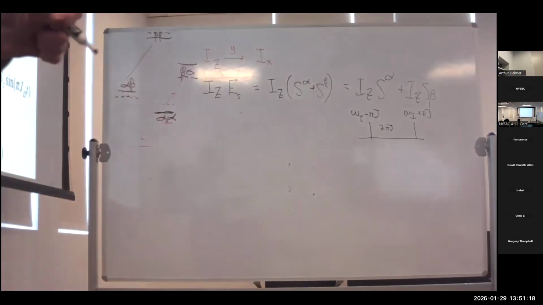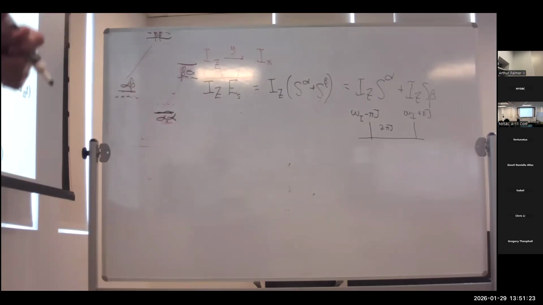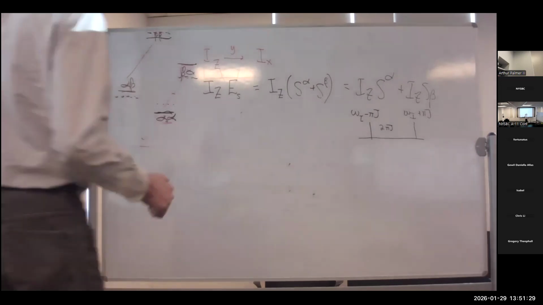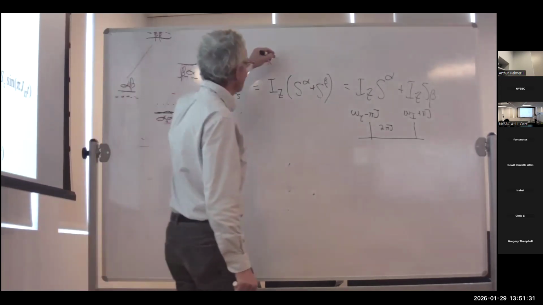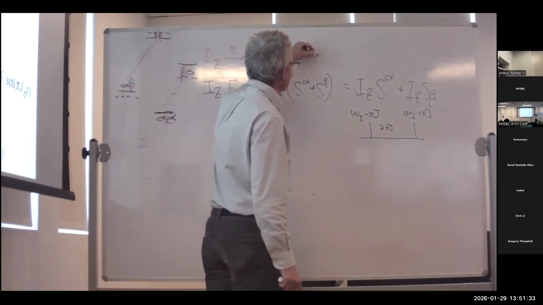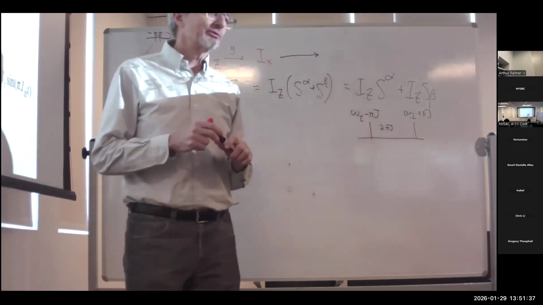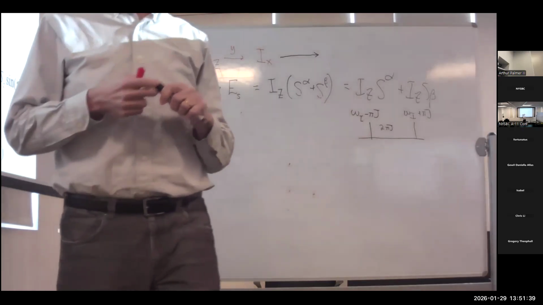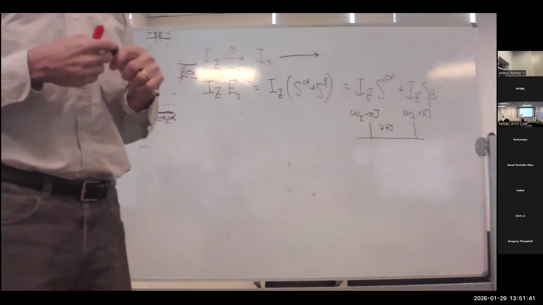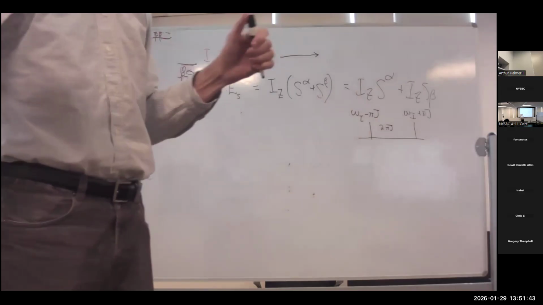So at least within the world of NMR, this was the right thing to do. So now, what's going to happen? Now I let this evolve for a while. Let me pretend that I'm on resonance with the I spin, so omega is 0. I'm just going to see the coupling.